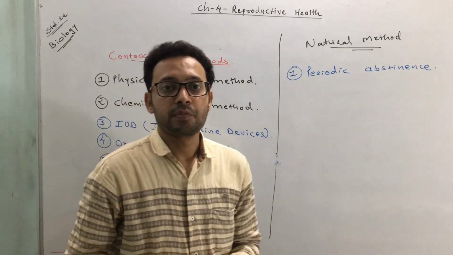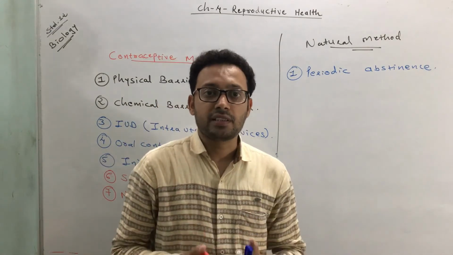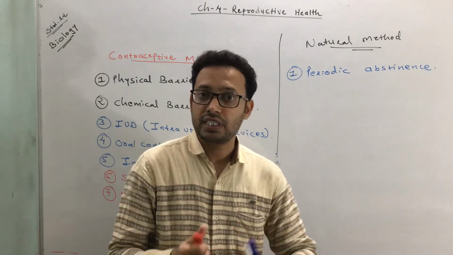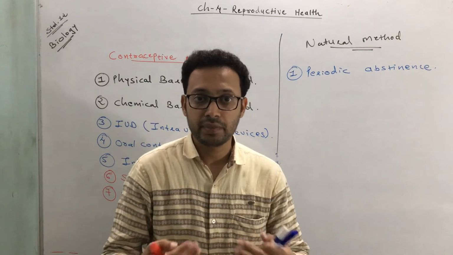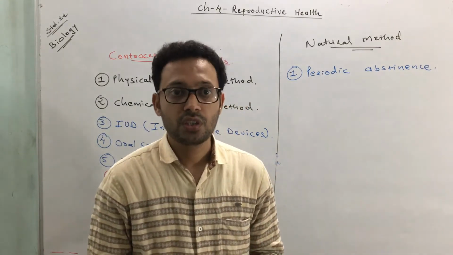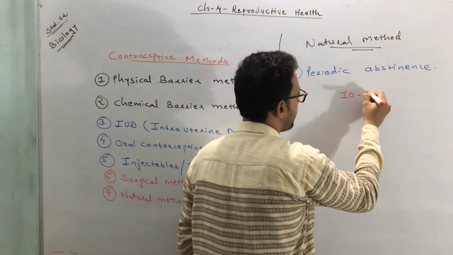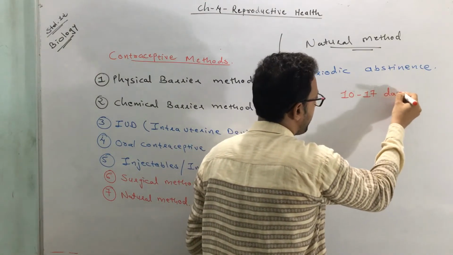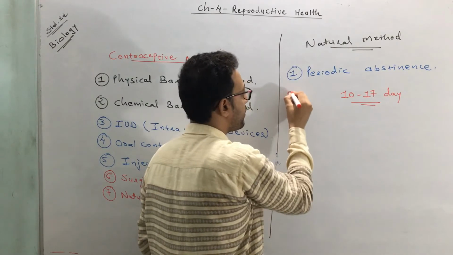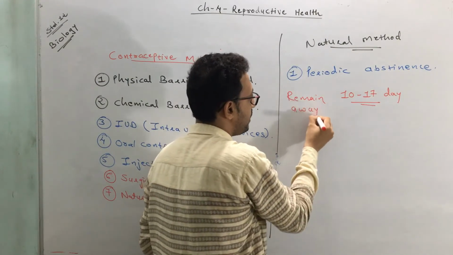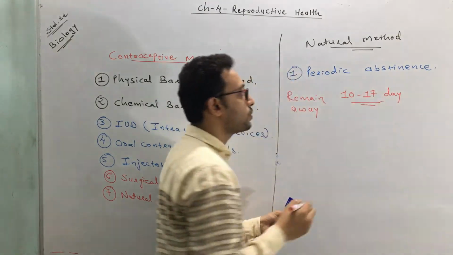Periodic abstinence means that in this method a couple stays away from coitus, meaning sexual intercourse, from day 10 to day 17 of the menstrual cycle. They remain away from sexual intercourse between these 2 days.